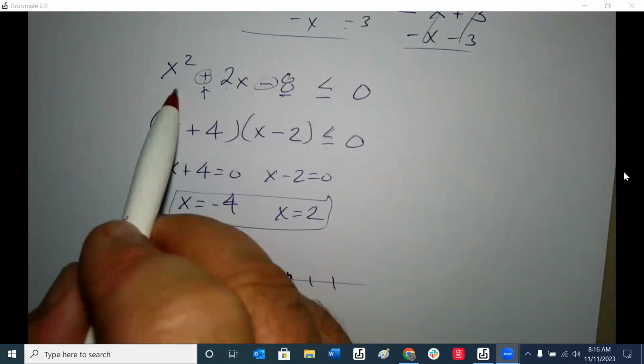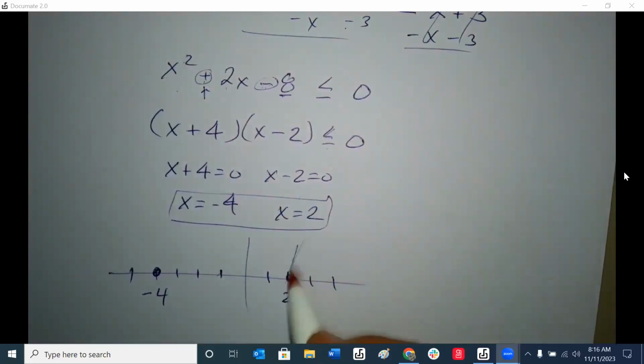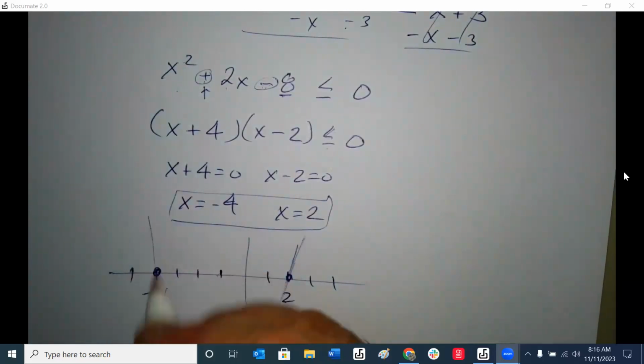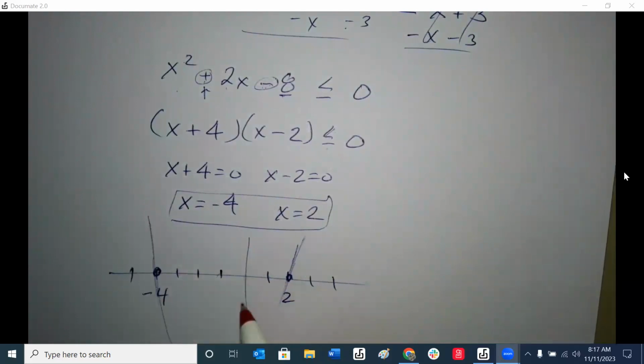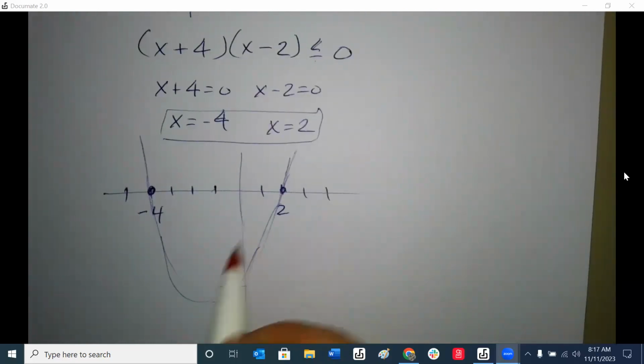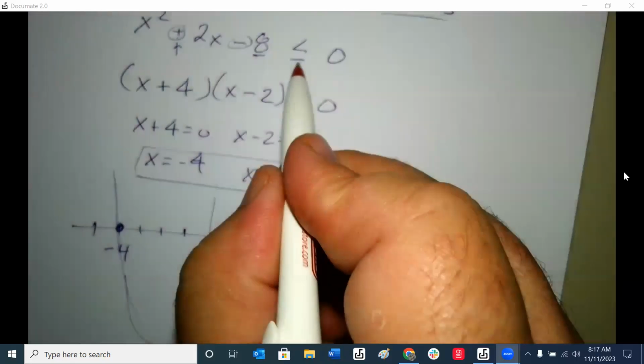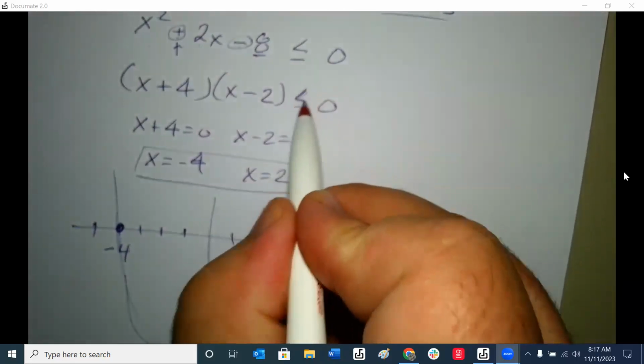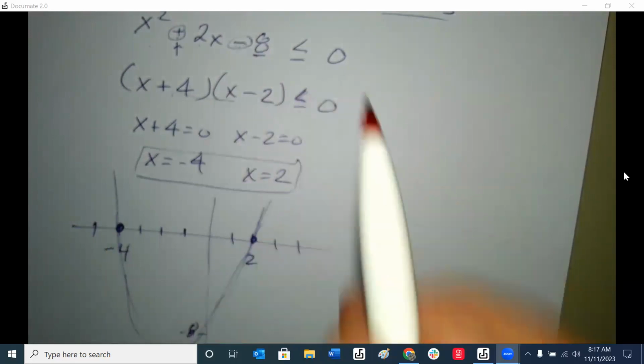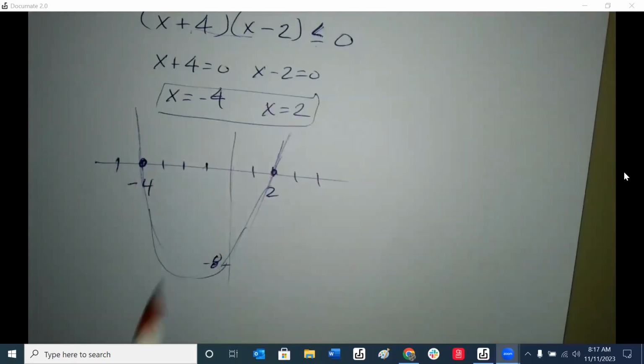Again, since it's a quadratic equation, both ends, I know the graph is going to look like this. And it has a y-intercept at -8, not -6. So I'm only looking for where this function is less than 0, so anything below the x-axis.